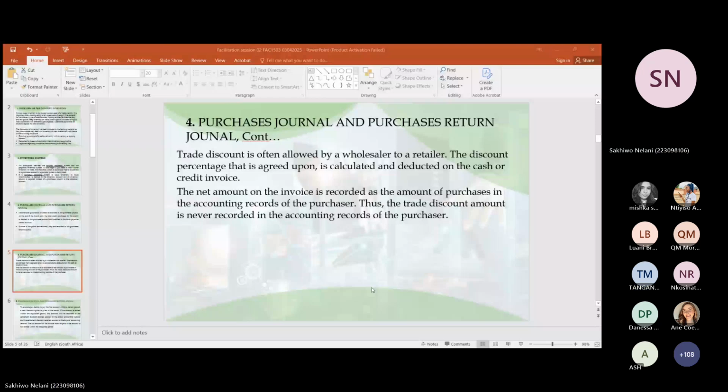100%. Any other view? Yes, Sihle. It's quite correct.